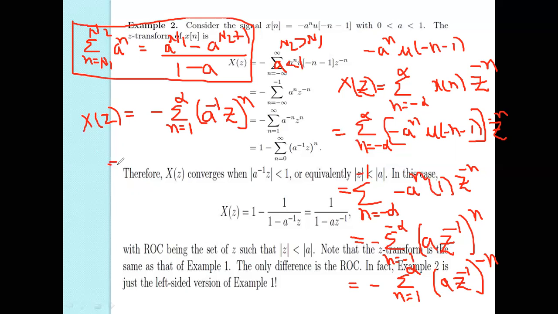What is n1 now? n1 is 1. So a^(-1) z to the power 1, minus a^(-1) z to the power infinity plus 1, because the upper limit is infinity, divided by 1 minus a inverse z.